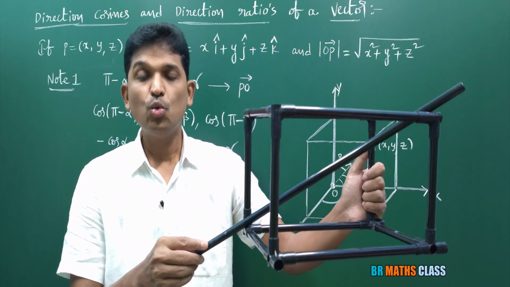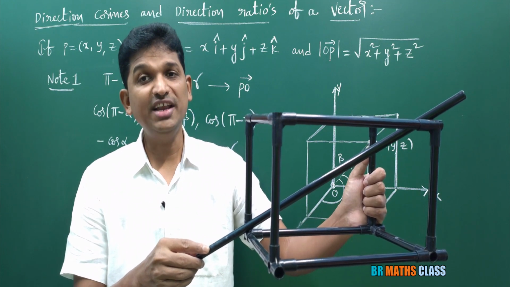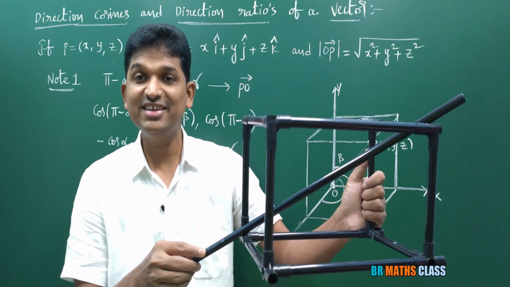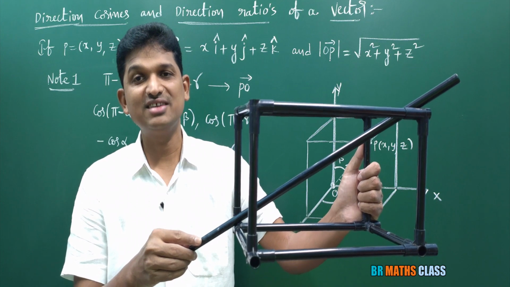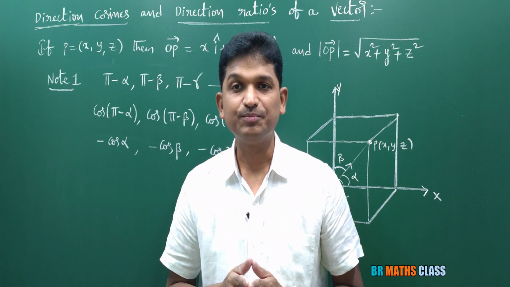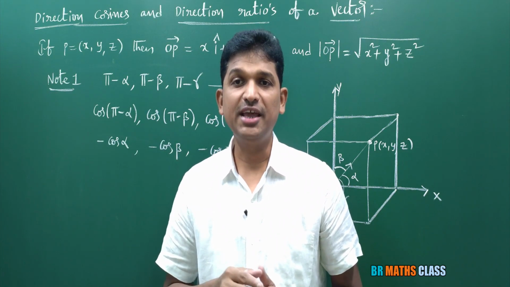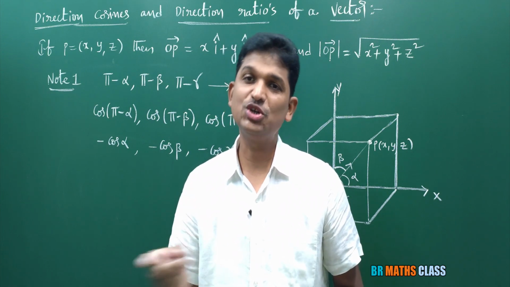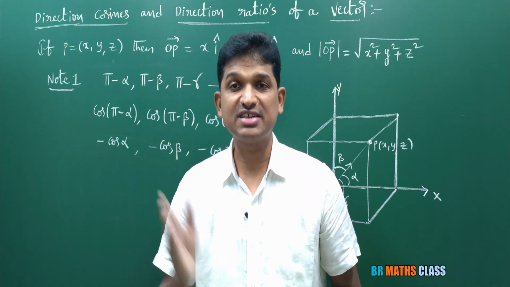At the same time, 180 minus alpha, 180 minus beta, 180 minus gamma are another set of angles made by line OP with x-axis, y-axis, z-axis respectively. So, when we speak about direction cosines of a line, cos alpha, cos beta, cos gamma are the direction cosines of a line. At the same time, minus cos alpha, minus cos beta, minus cos gamma are also direction cosines of that line. That means you will get two sets of direction cosines of a straight line.